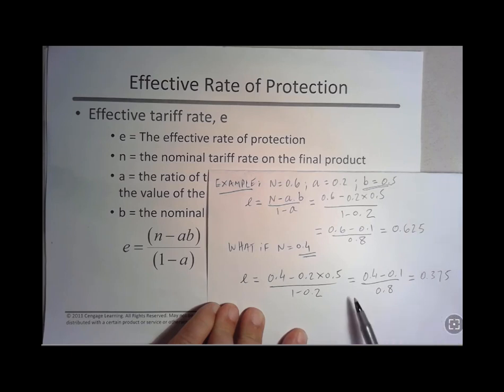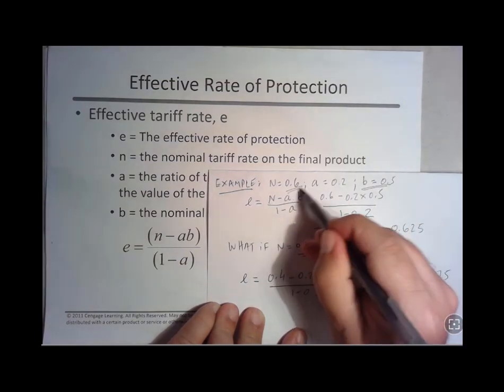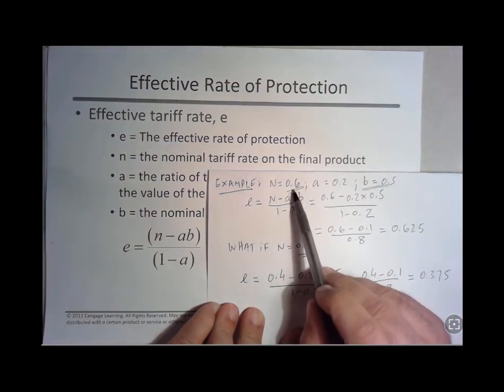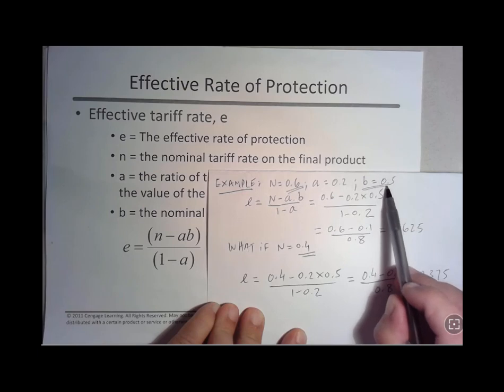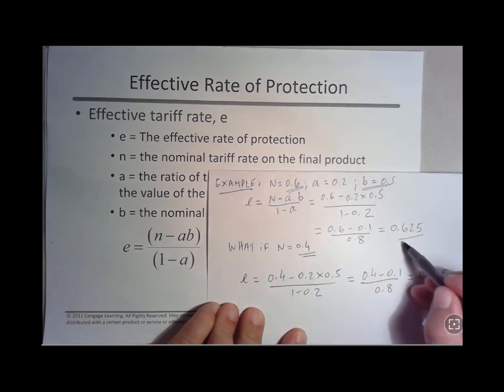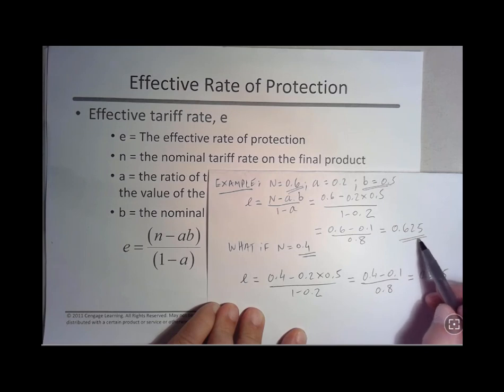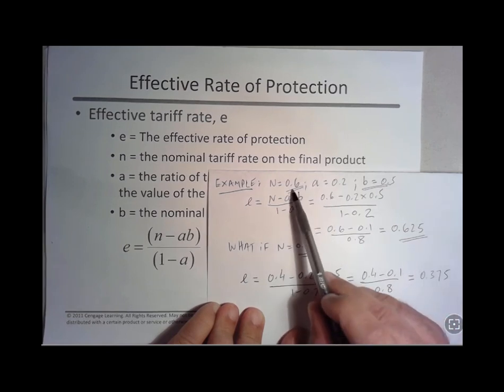What can you infer from here? As long as the tariff on the final product is greater than the tariff on the intermediate input, the rate of protection is going to be higher than the nominal tariff on the final product.